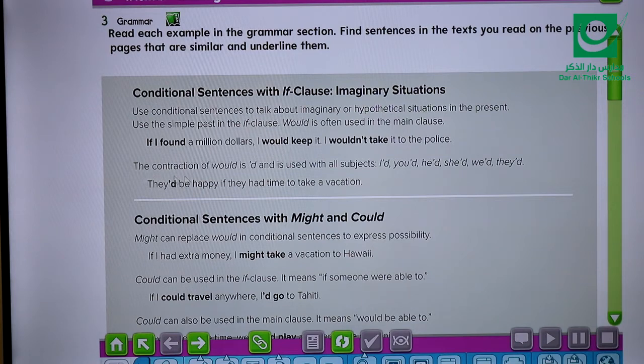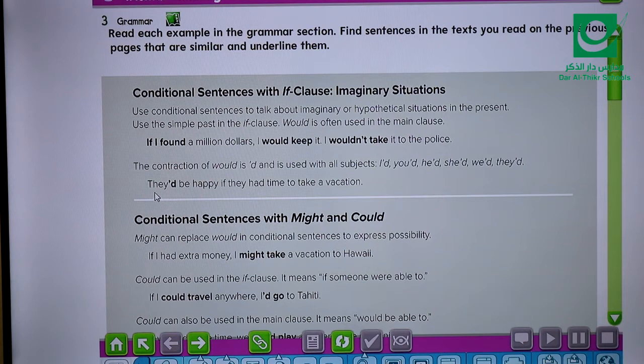The contraction of would is, as all of you know, apostrophe d, and it is used with all subjects: I would, you would, he would, she would, and so on. Can I start with it, or can I put if in the middle of the sentence? Yes, no problem at all.